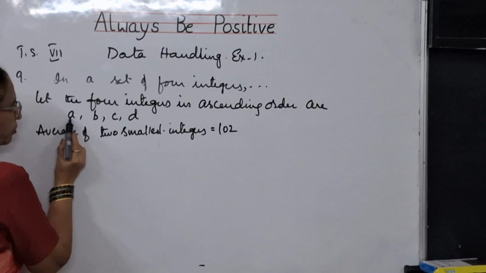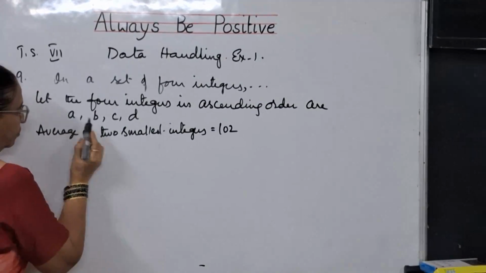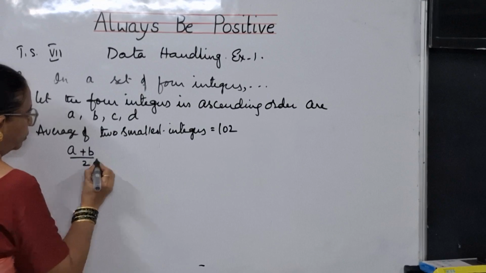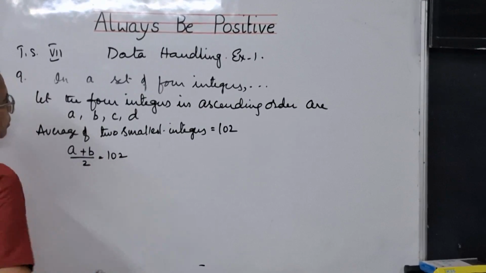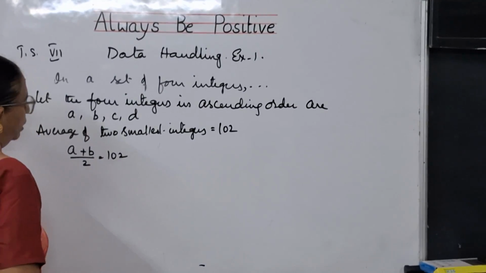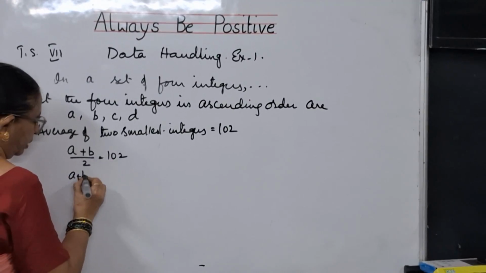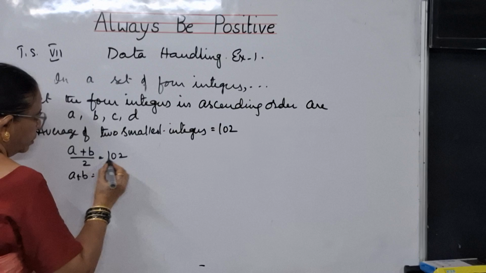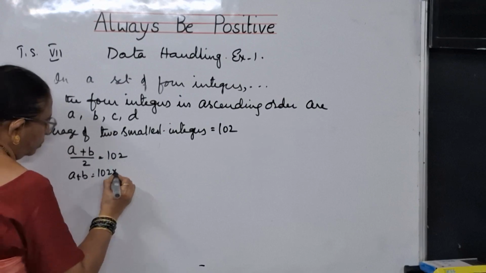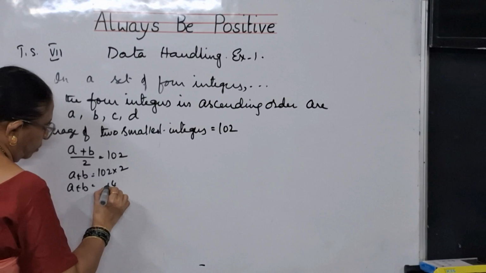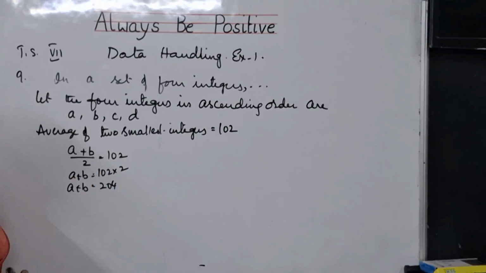Smallest integer starts from here. First one, second one. A plus B by 2 is equal to 102. Sum of the numbers divided by the number of numbers. That means A plus B is equal to 102 into 2. That means A plus B is equal to 204.